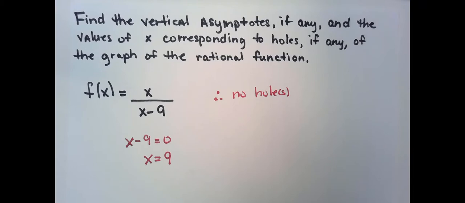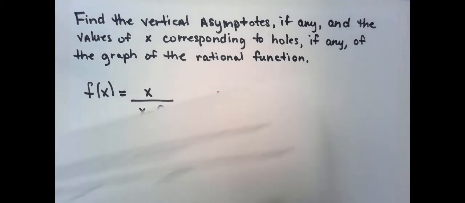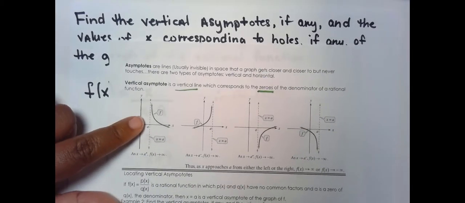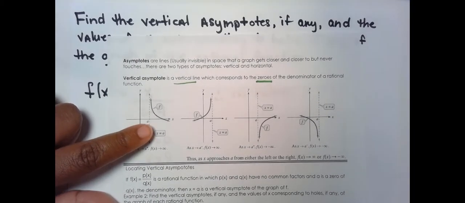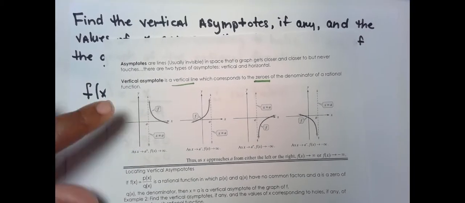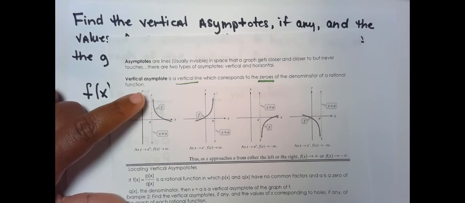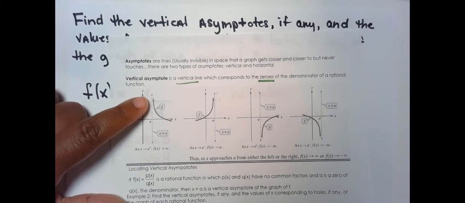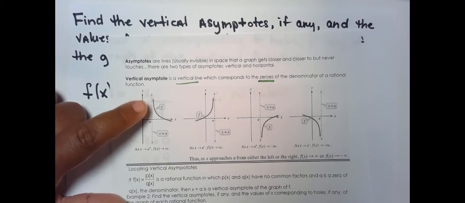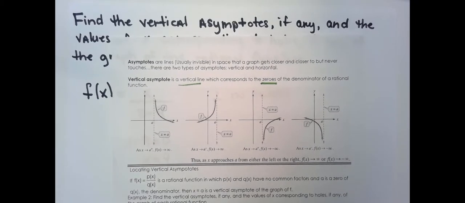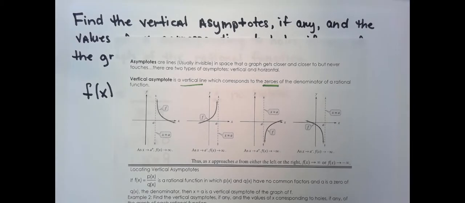It'll always get close to the graph, but it will never ever touch. So we can go back to the examples that we have here where you have your vertical asymptotes. Yes, the curve is getting close to the vertical asymptote, but it's not actually touching it.